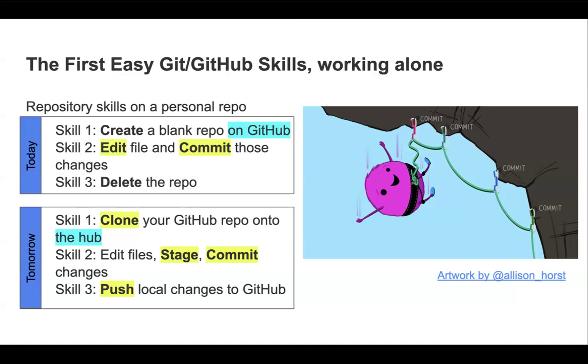The first skill will be to create a blank repository. I didn't highlight that; it's all the things that are bold. I was a little random in my highlighting. So: create, edit, commit, and delete. Edit and commit are going to be kind of the same. So we're going to practice those skills on GitHub.